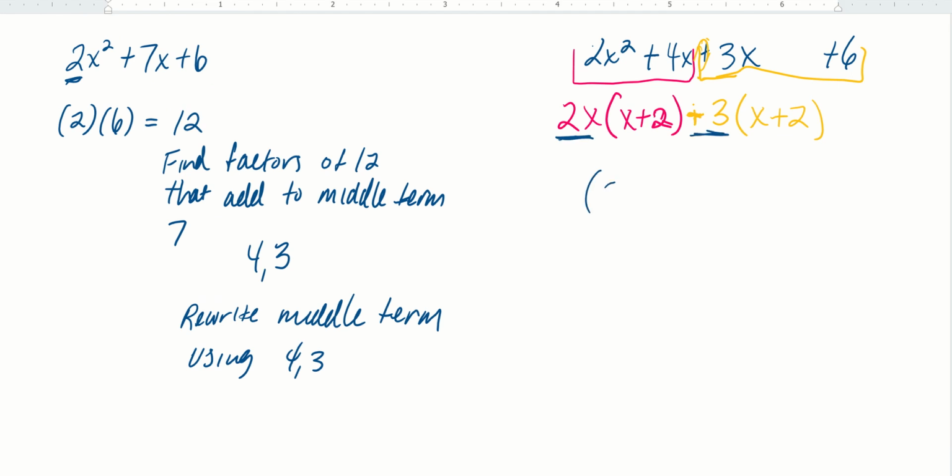So we're going to combine what's outside the parentheses and multiply by what's inside the parentheses. So, I'm sorry, my pen is not cooperating with me. x plus 2. And that's my answer. So 2x plus 3 times the quantity x plus 2.